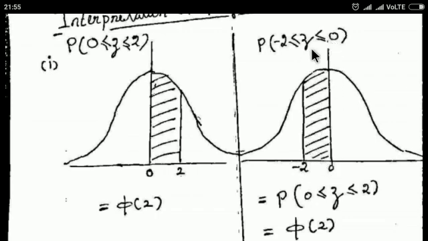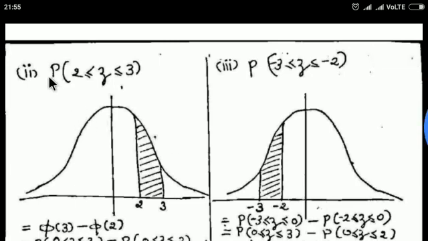Since the curve is symmetrical, whether the area is on the left hand side or the right hand side, the magnitude of the area for minus a and a will be the same. So the probability of z between minus 2 and 0 is the same as the probability of z lying between 0 and 2, and this I will be calling phi of 2.